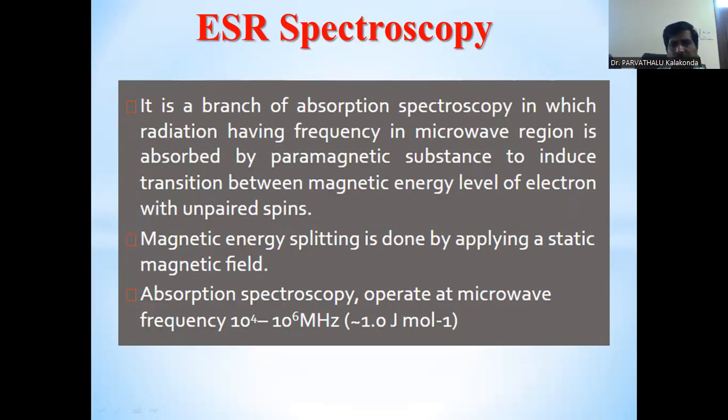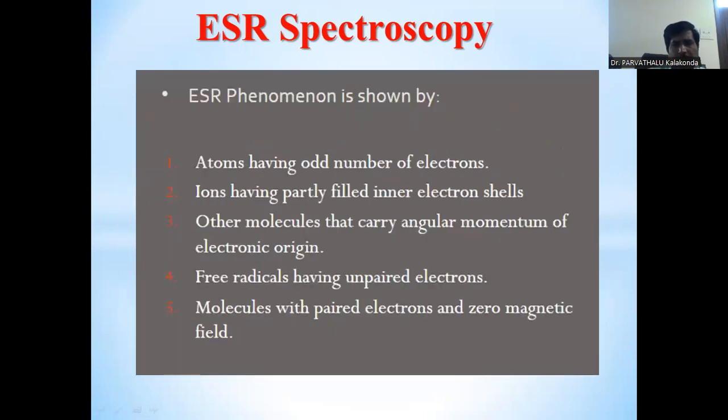The splitting of lines in the presence of a magnetic field we call the Zeeman effect. But to see resonance, you need microwaves which make the spin of the electron flip into the other direction. The approximate microwave frequency is about 10 power 4 to 10 power 6, that you have to keep in mind.